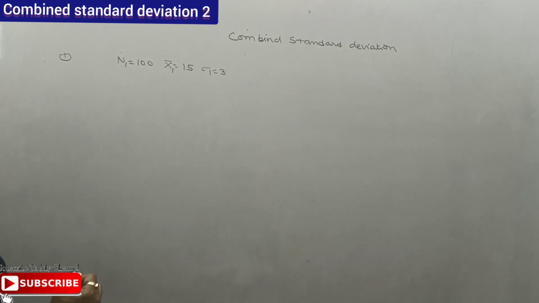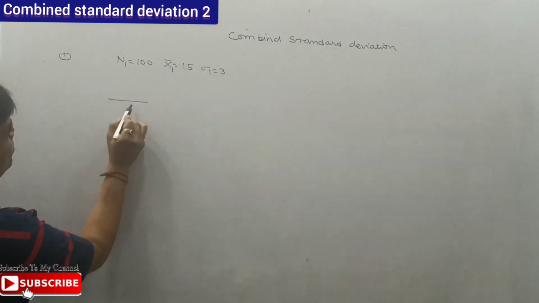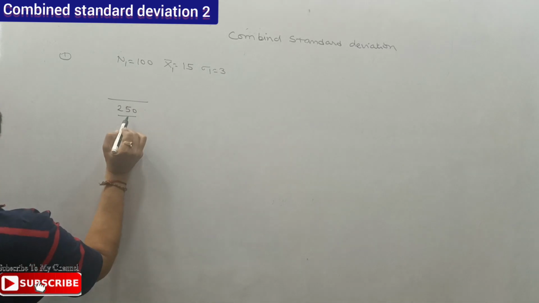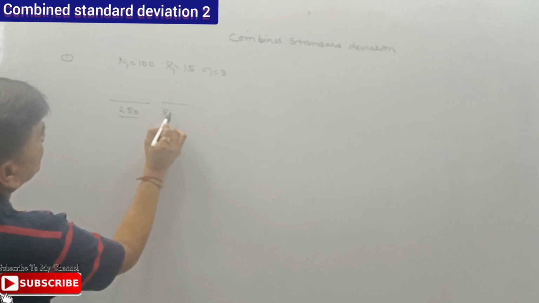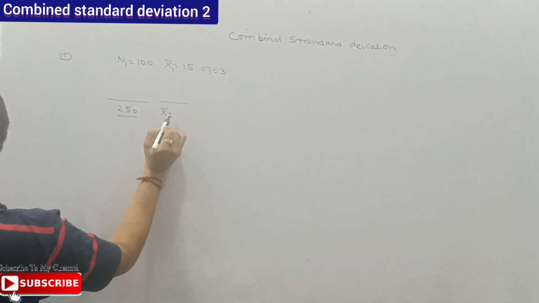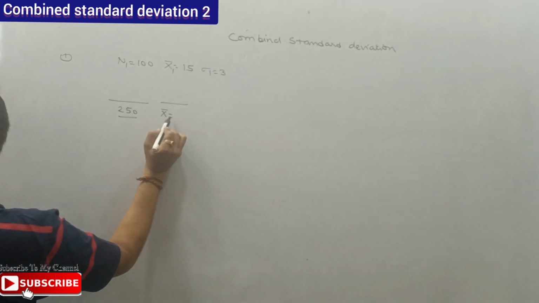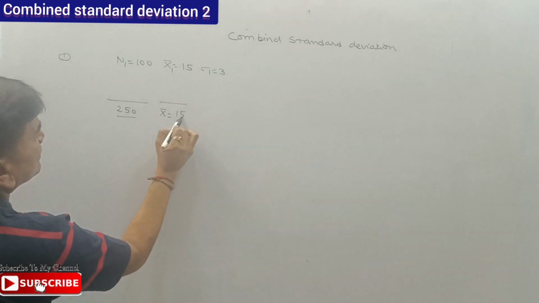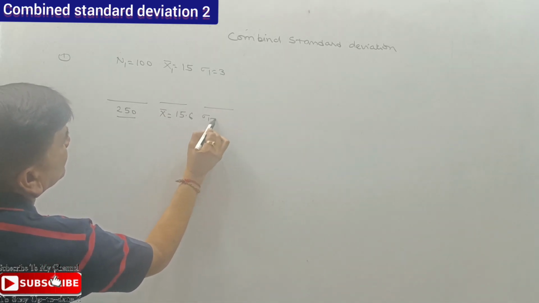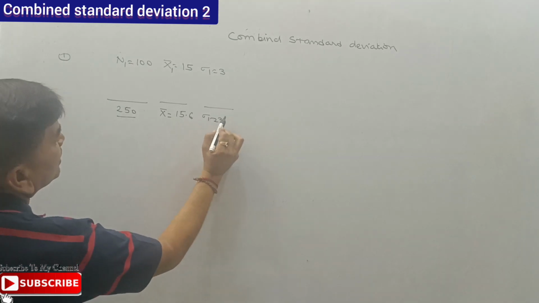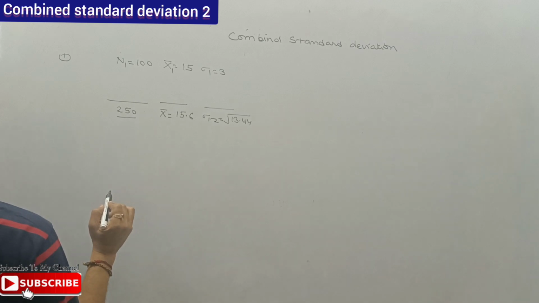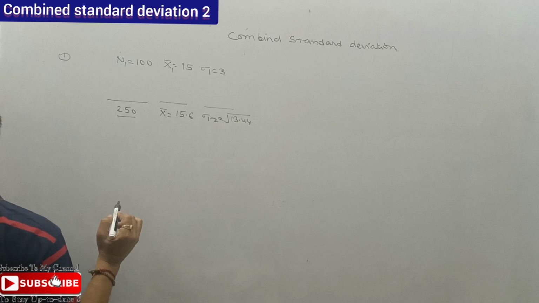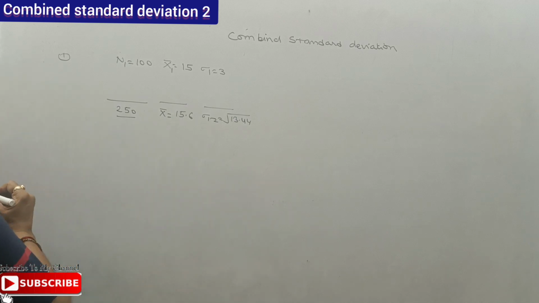If the whole group contains 250 items in total, with the combined arithmetic mean 15.6 and combined standard deviation root 13.44, then calculate the number of items, arithmetic mean and standard deviation of the second group.